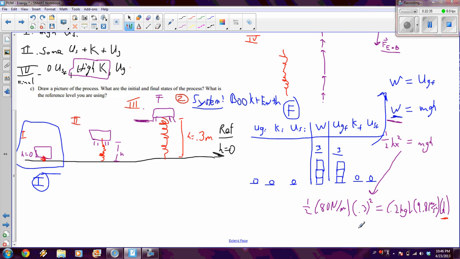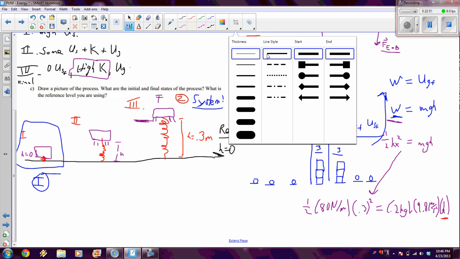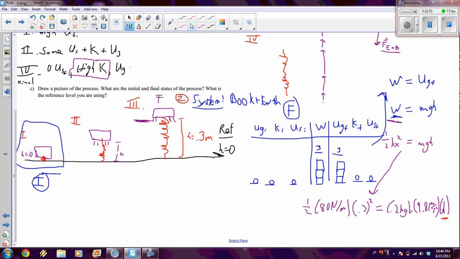So on our left side, take our calculator, we have 80 newtons per meter multiplied by our 0.3 meters squared. Actually, this is kind of important: we always want to make sure we label everything, so that our units are always consistent. 0.3 meters squared.